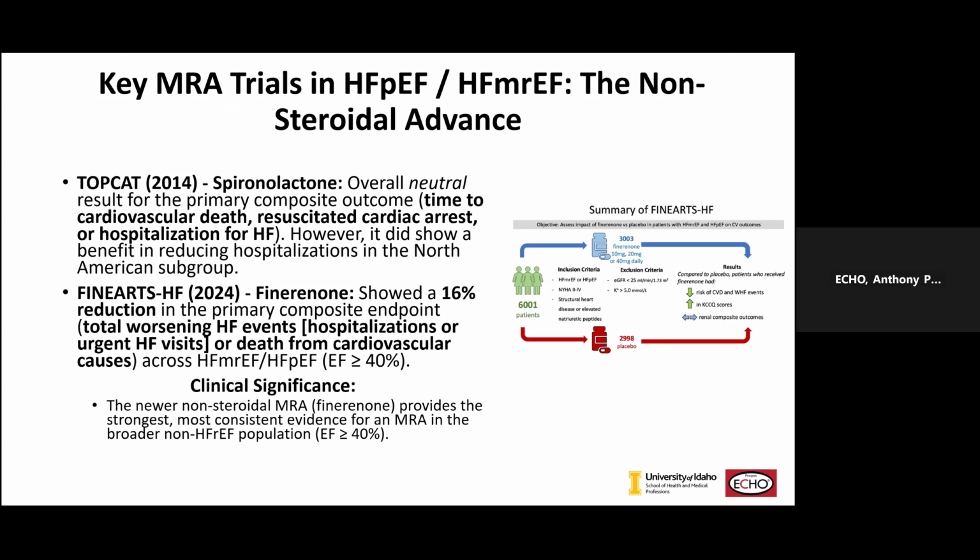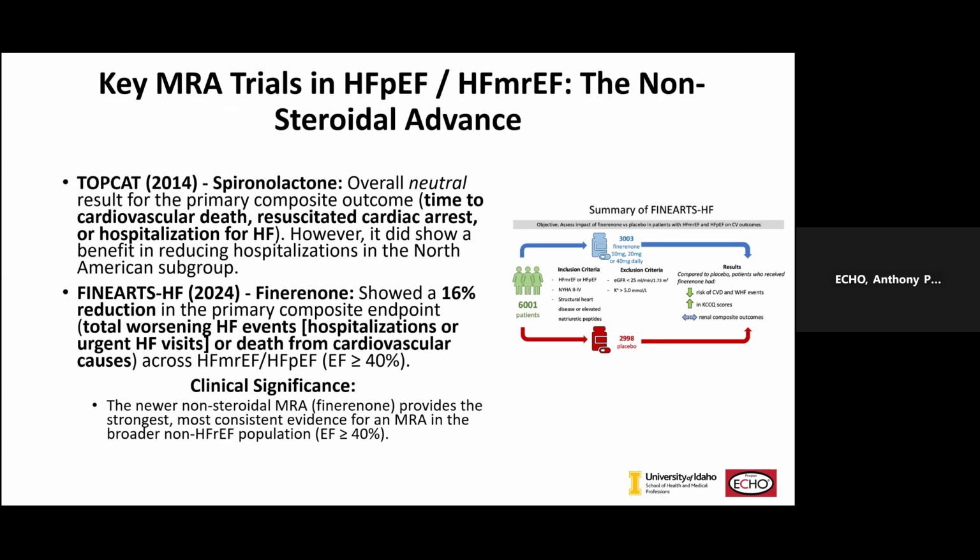What they ended up finding was that it did show a benefit in reducing hospitalizations in the North American group. But when they looked at Asia and, I think, Russia was the other big part of the arm, they found that it was very possible that there was really bad non-compliance with the medications. And so that actually affected the study. When they published it, it was like maybe not, but in reality, if you separated it out, we may have been seeing actually a pretty good benefit.